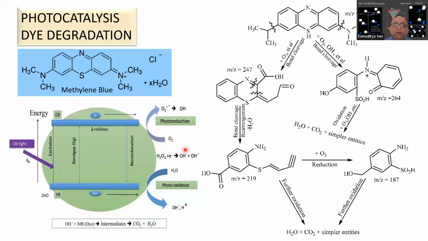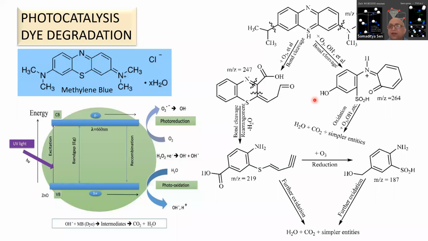Now, how is the dye actually degraded? Again, the electron hole pair is created, and the electron affects the oxygen. This oxygen radical goes, and this is the dye itself. It can affect the bridge bond that is here, and this bond can be ruptured, giving rise to two different parts, and the bond is cleaved.